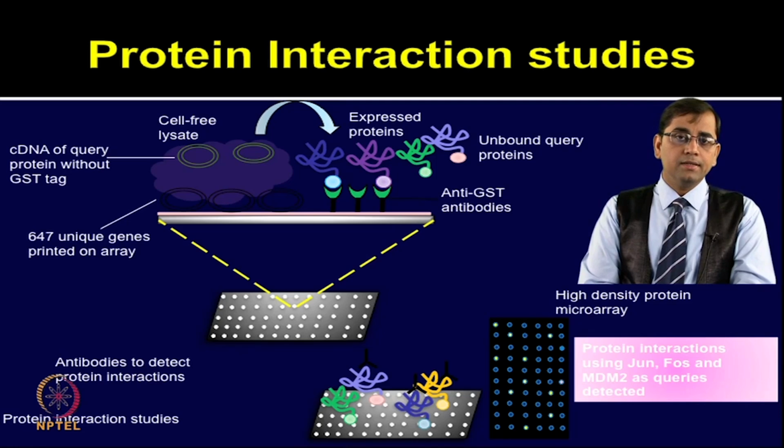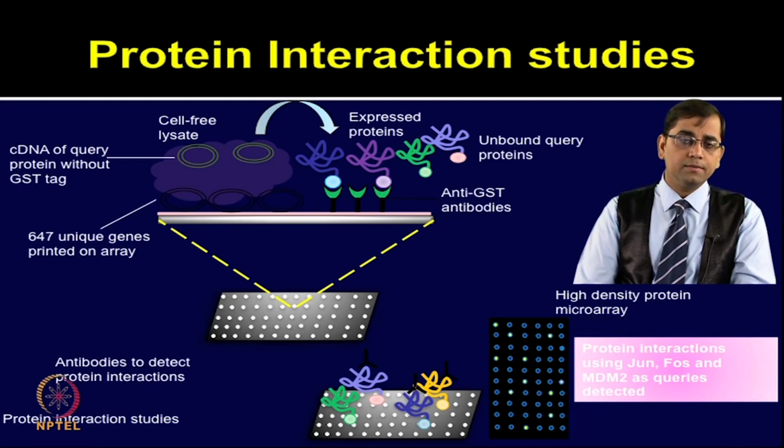In protein interaction studies, it becomes very tedious to test protein interactions in both directions. For example, if one is testing the Jun and Fos interaction, it should work either way, Jun as a query or Fos as a query protein. If Fos is printed on the array, Jun should be able to bind if used as query protein, or similarly if Jun is printed on the array, then Fos protein can be used as query molecule to test the protein interactions.